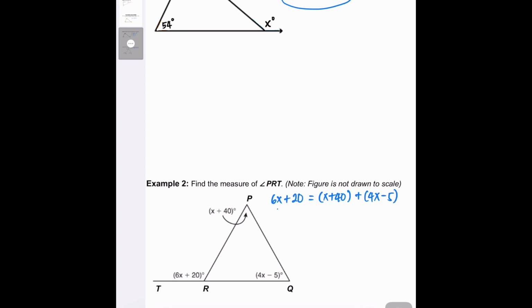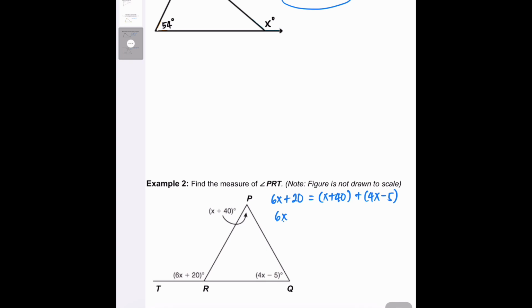Now, after writing the initial equation, what we need to do is simplify. Simplifying means combining like terms. So we first put together all the terms with x on the left-hand side, separating them from the constant terms.